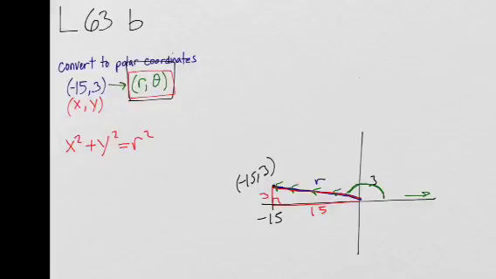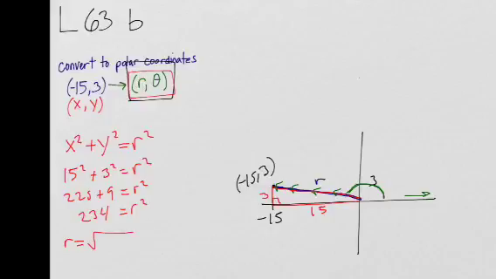And so for us, we would just do 15 squared plus 3 squared equals r squared. That's 225 plus 9, which is 234, equals r squared. Then we take the square root of both sides, and r equals the square root of 234. Okay, that was easy.